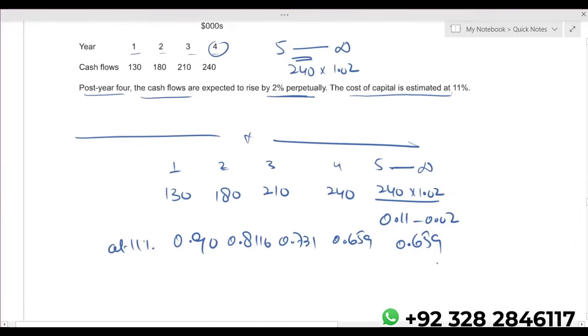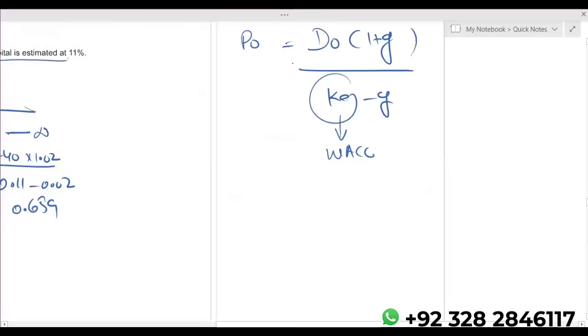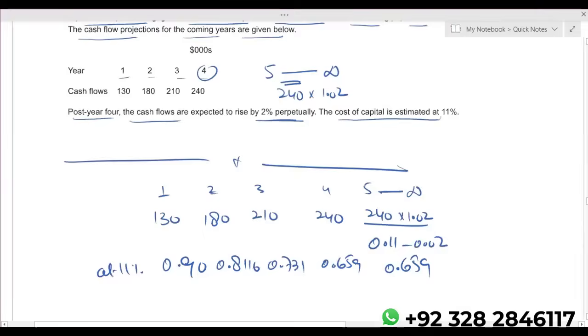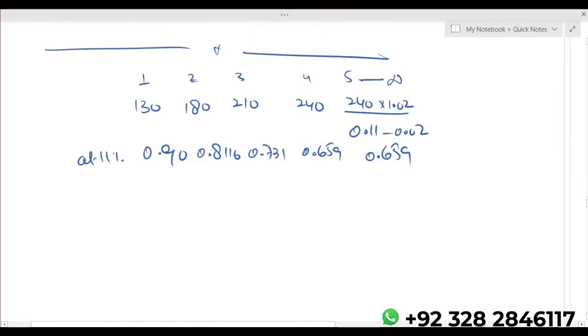Always use the discount factor of the base year. Base year means previous year. Simply multiply by the discount factor of the base year. In our regular classes, we have used this a lot, so this should not be a problem at all.